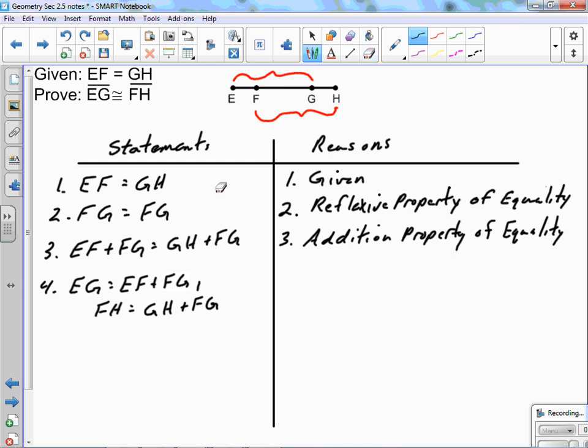We're saying that one bigger segment, EG, is made up of two smaller segments added together, EF and FG. Same thing with FH. And the reason we can give that we know that is true is called the segment addition postulate.